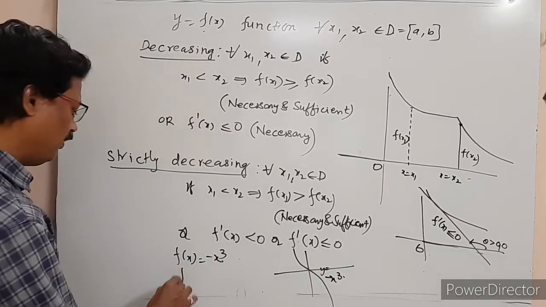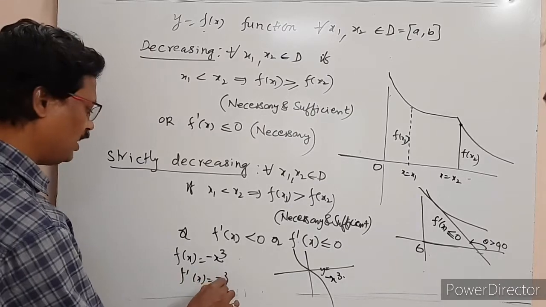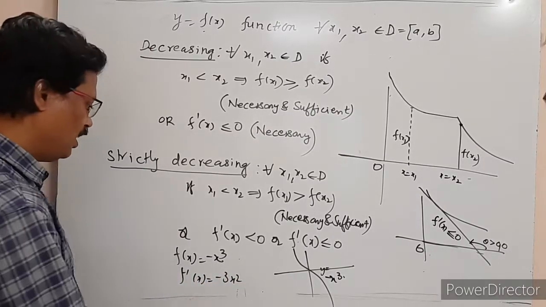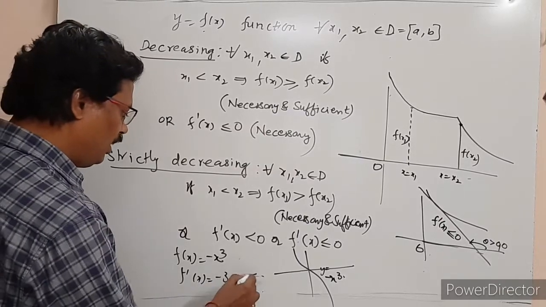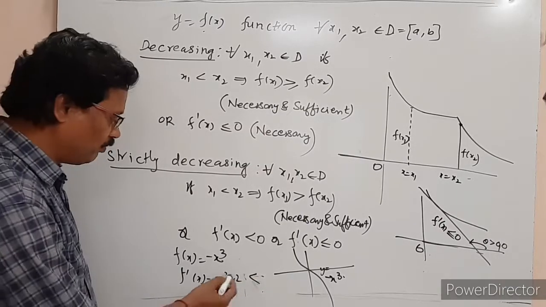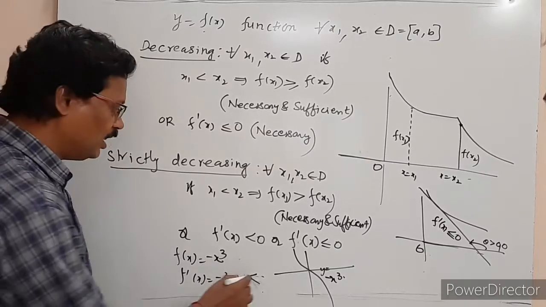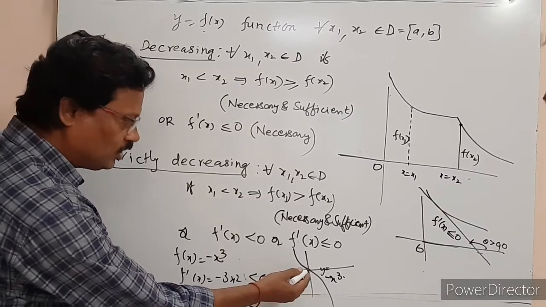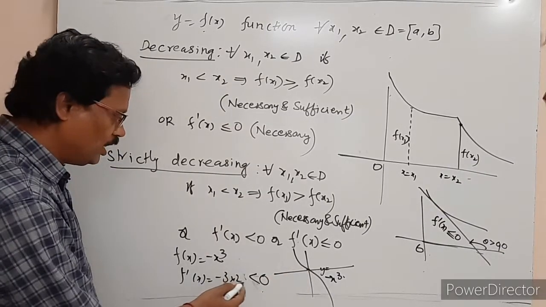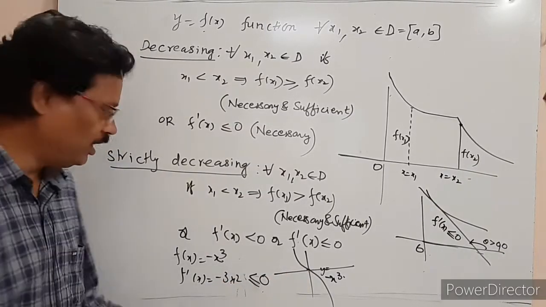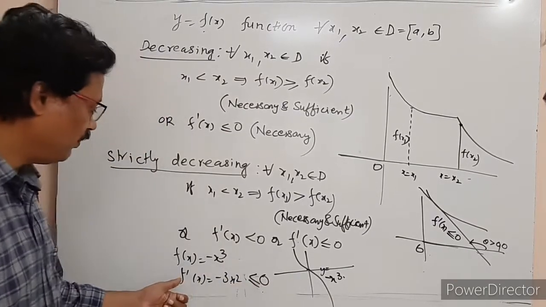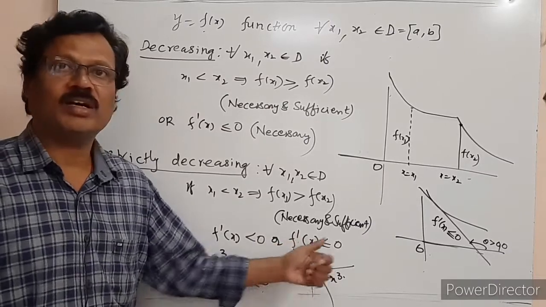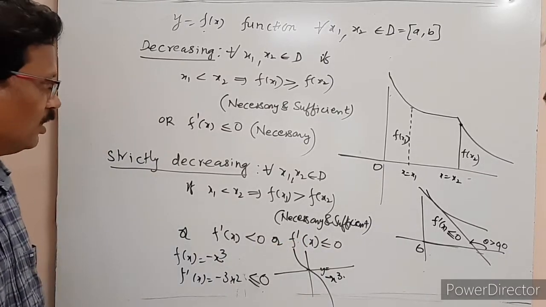Now if you find the derivative of this, f dash x is equal to minus 3x square. And this is less than 0, because x square is positive, and before the positive number a minus sign is there, that's why less than 0. Now in the domain 0 is also there, so it may be equal to 0. That's why for strictly decreasing, f dash x is not only less than 0, f dash x less than or equal to 0 is also possible.